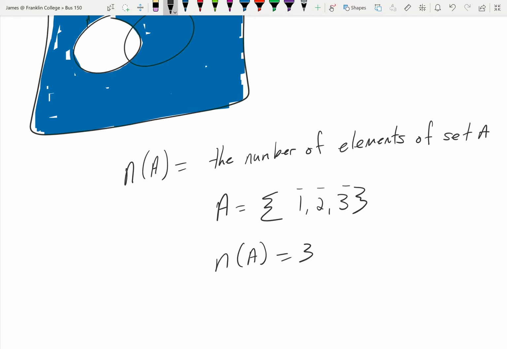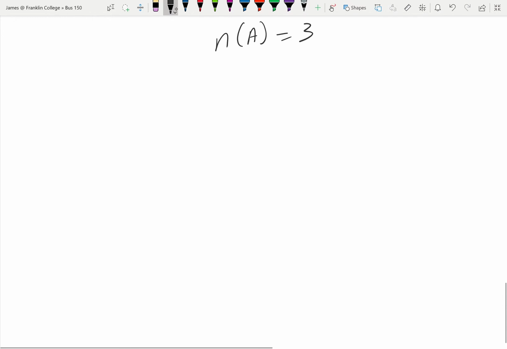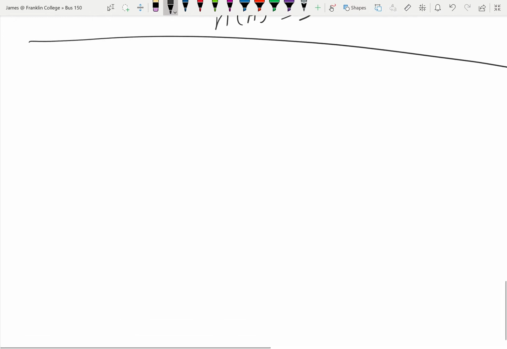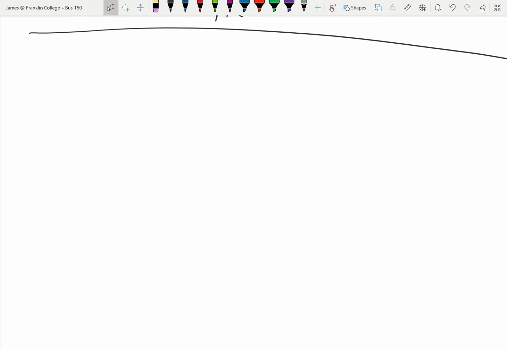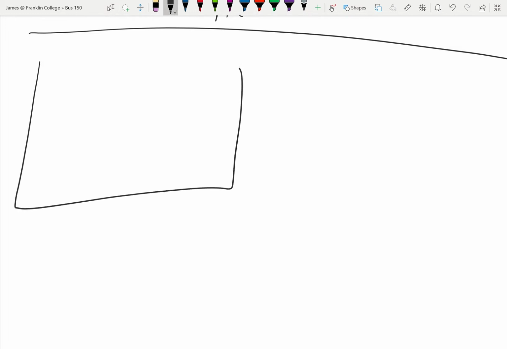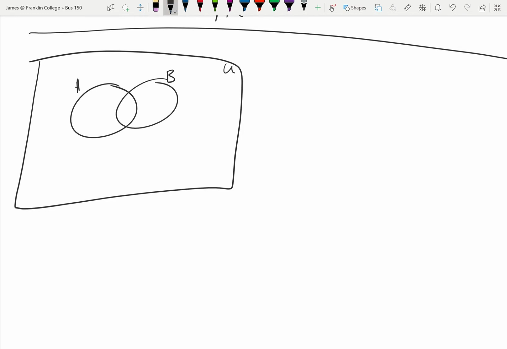Alright, so let's do an example where we represent a set pictorially, and we're going to be interested in the number of elements in all sorts of different groups. So let's say we have the universal set. We have set A. We have set B. And we have 5 elements here.